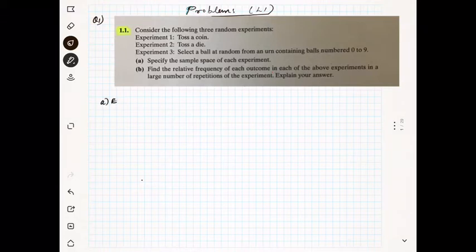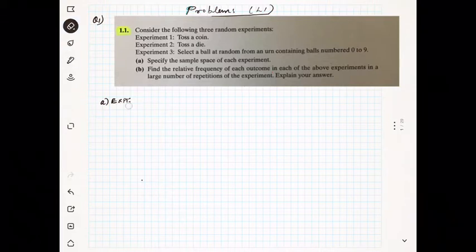In experiment 1, you can see that a coin is tossed. So what is the sample space for this experiment? That is the main thing.